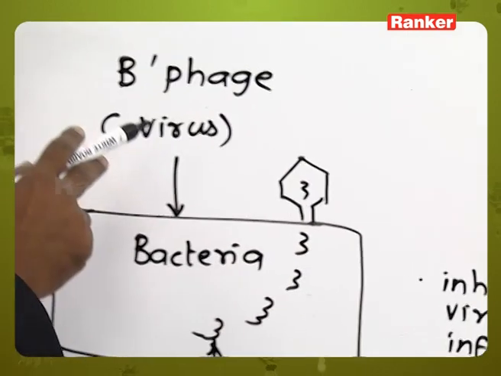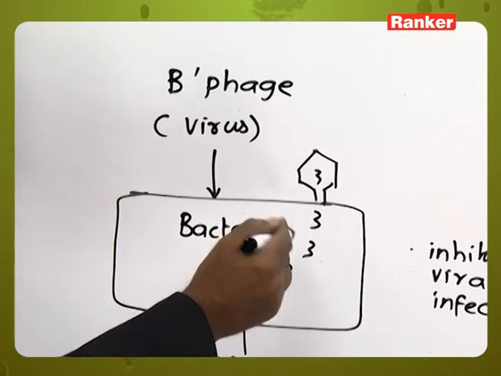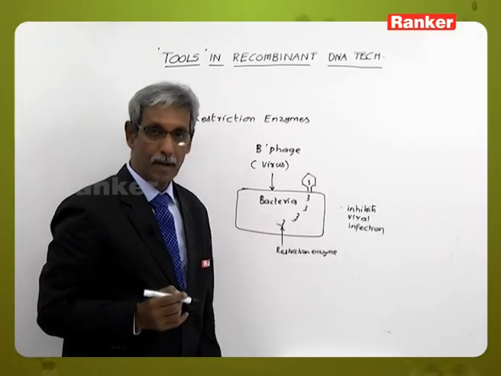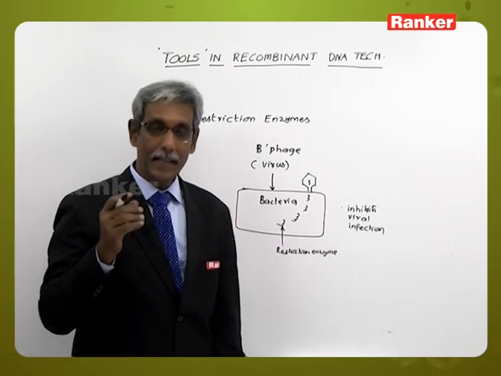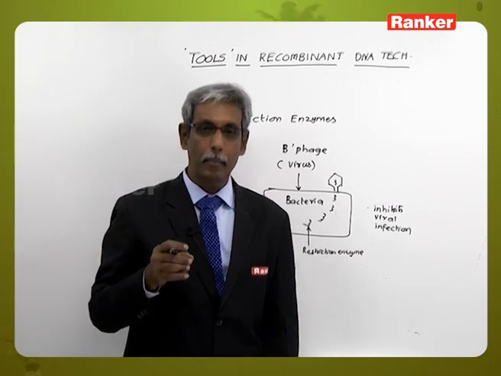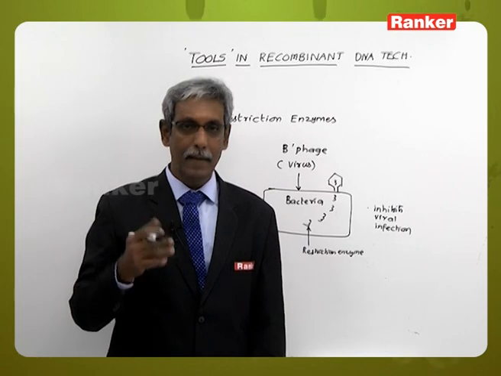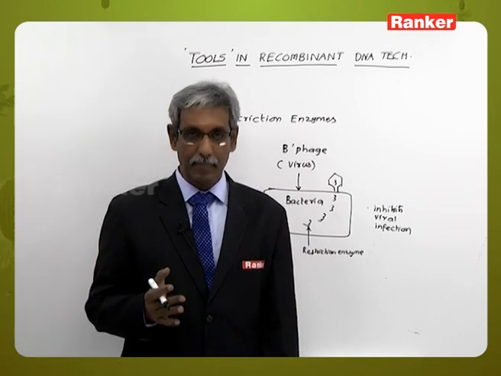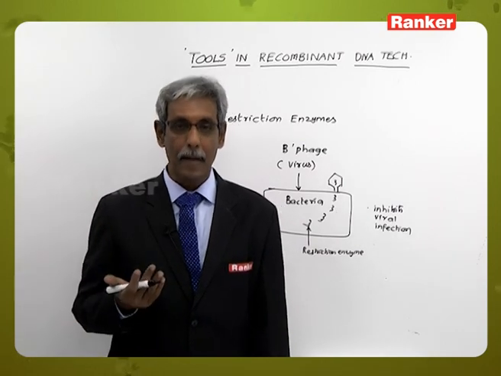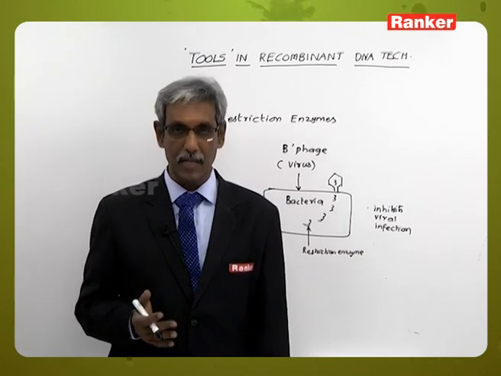A bacteriophage is a virus which can infect a bacteria, and it can send its DNA into the bacteria. During infection, when the bacteriophage releases the naked DNA into the bacteria, there is a high probability that the bacteria will get killed. To avoid the death of the bacteria or to fight off the infection, bacteria inherently have enzymes which are termed restriction enzymes.